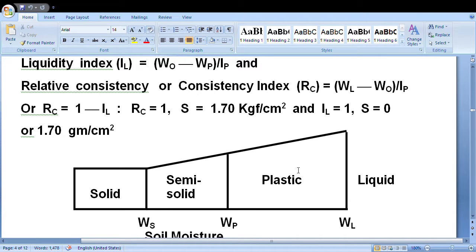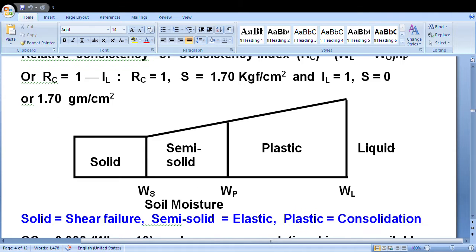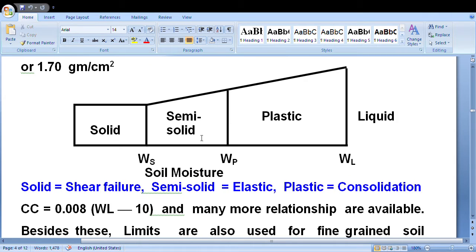At these limits, the soil states are divided. This portion is solid; when soil moisture is at the shrinkage limit, there shall be no volume increase.